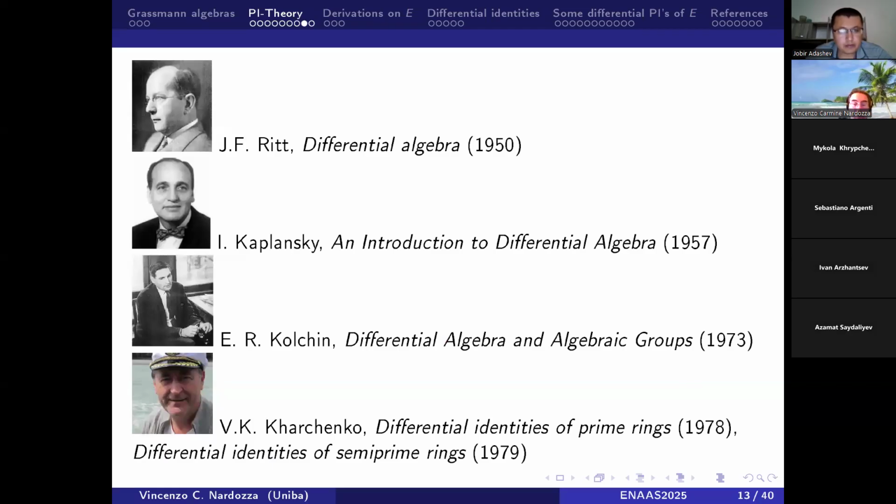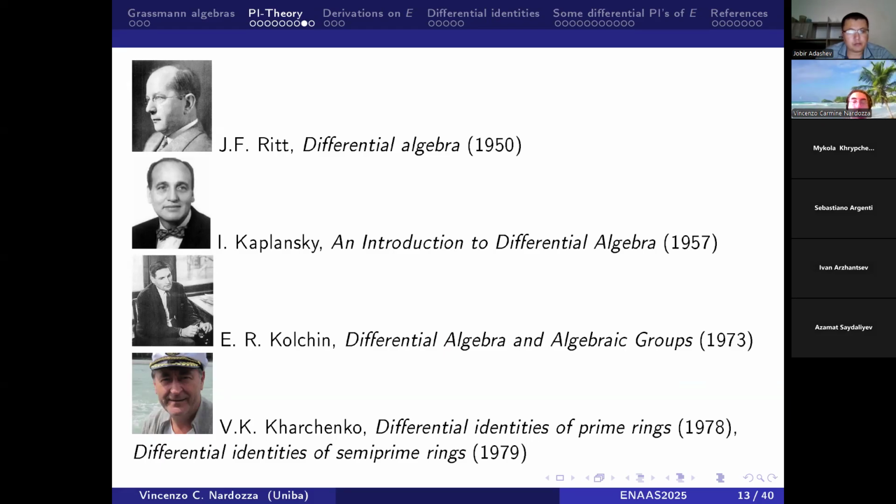But many years after Ritt's death in 1973, it was Kolchin, who was a former student of Ritt, who provided a unified exposition of the notion of differential algebra and its applications.